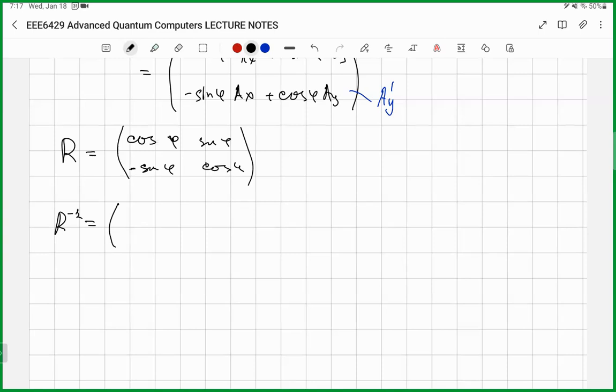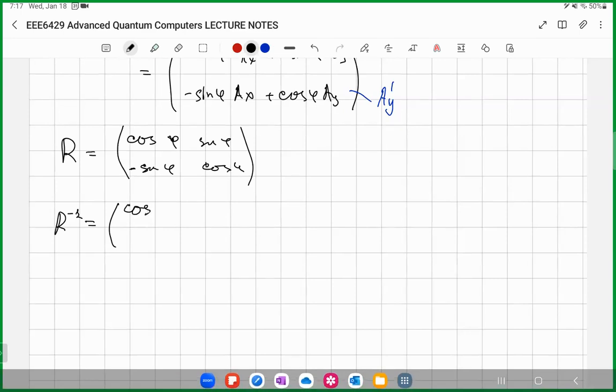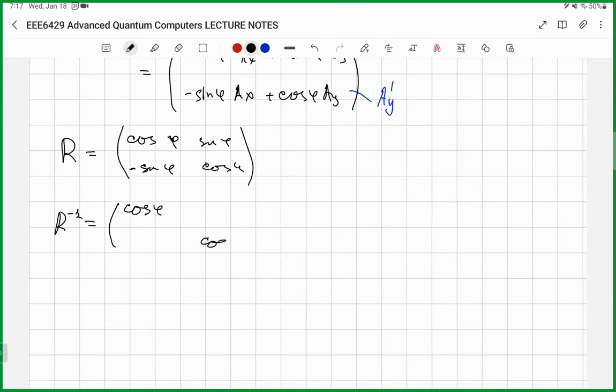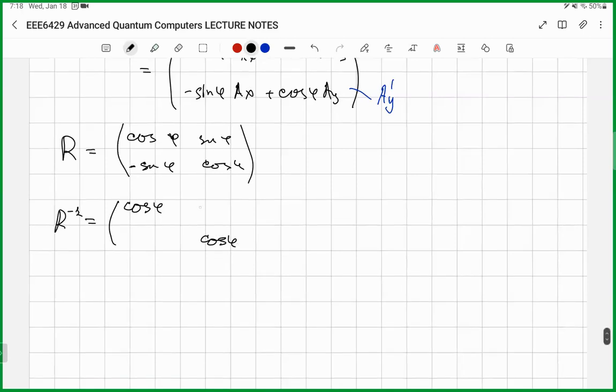So we basically changed phi to minus phi. And cosine phi is an even function, so it doesn't change the sign. Cosine phi here, cosine phi here. And sine is an odd function, and it changes the sign. So it gets minus here, sine phi, and minus sine phi, and here, sine phi here. So this is the inverse matrix.